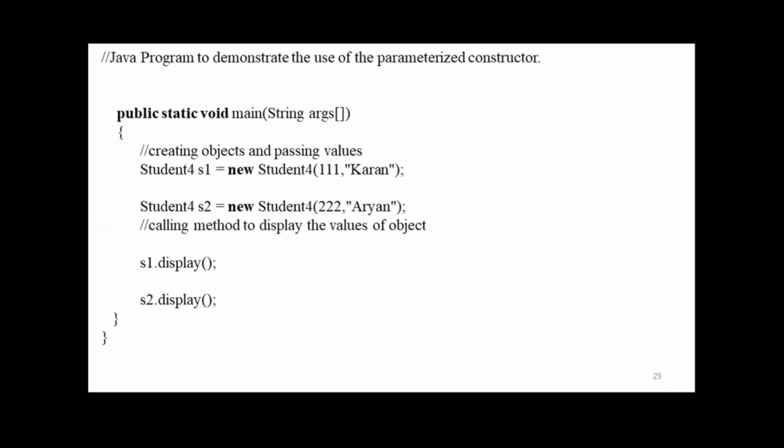We define it with the static keyword. That is fine. But if I want to call a static variable or static function, how do I call it? Using the class name. Otherwise, we need an object. But for static, there is no need of an object, right, guys?